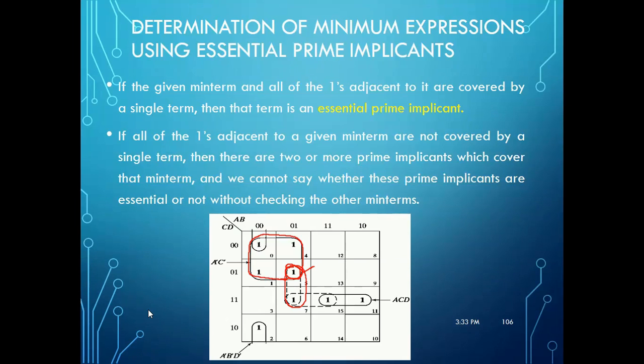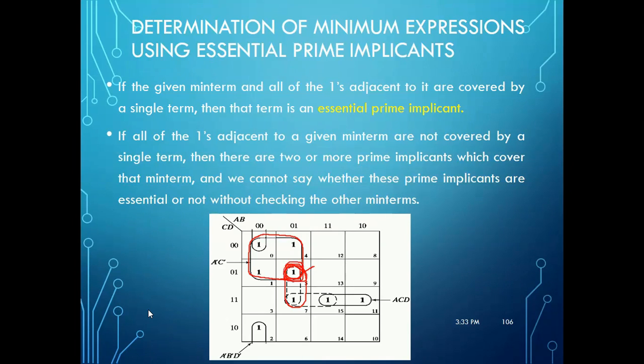The conclusion here is, if the given min term is covered by only a single term, then we say it is an essential prime implicant. If the min term is covered by two or more prime implicants, then it is not.